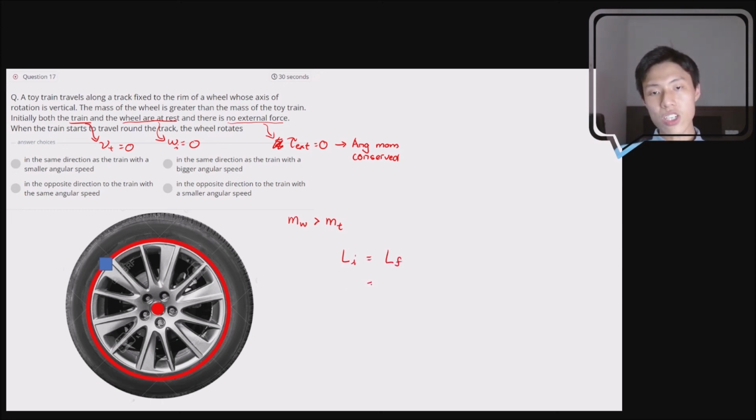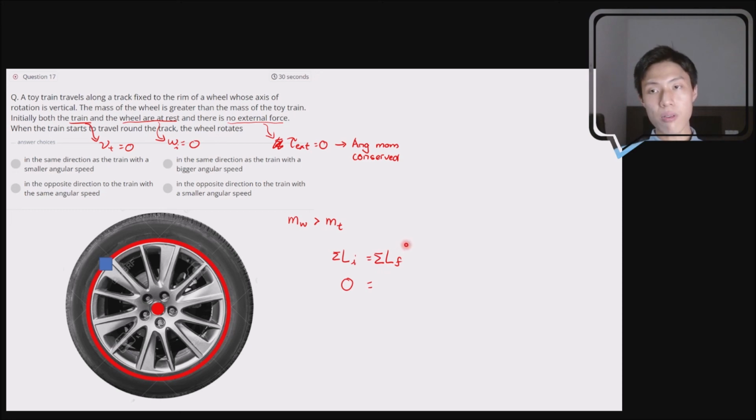Initially everything is not moving. We have two objects here, so let's sum it up. Because v equals 0, the angular momentum of the toy train is 0. Omega is 0, so the angular momentum of the wheel is 0 as well. So the initial angular momentum is 0.